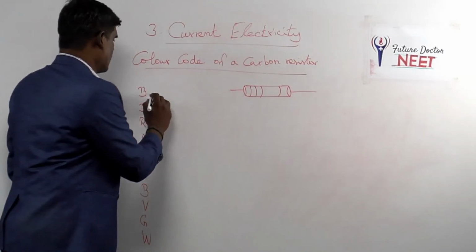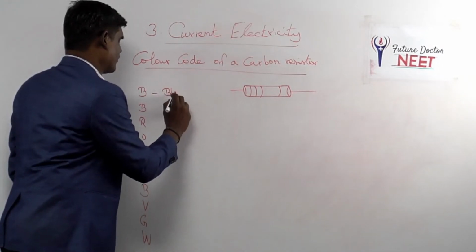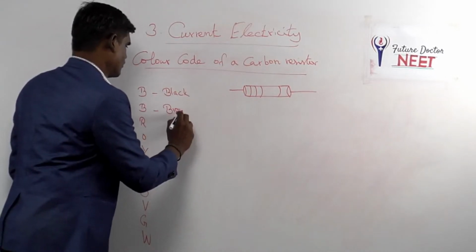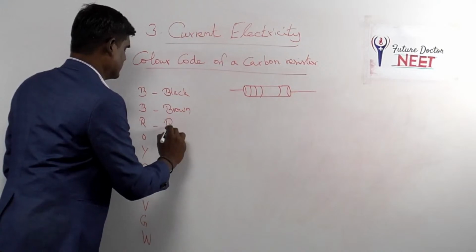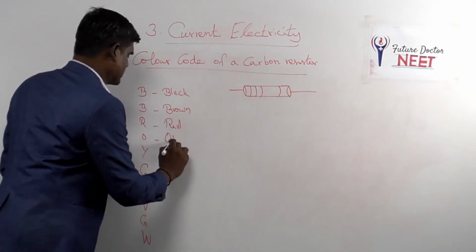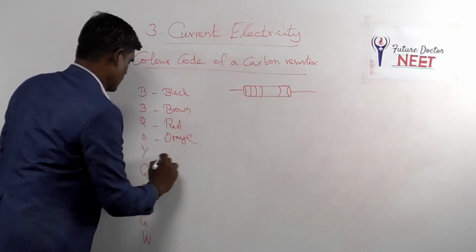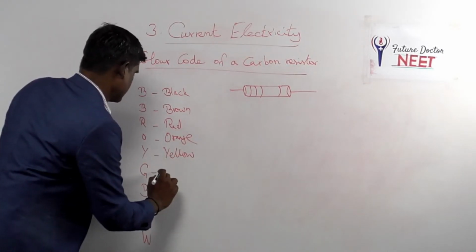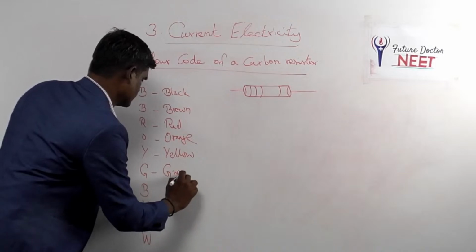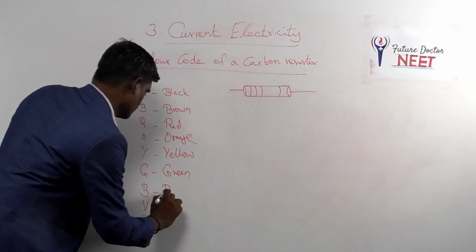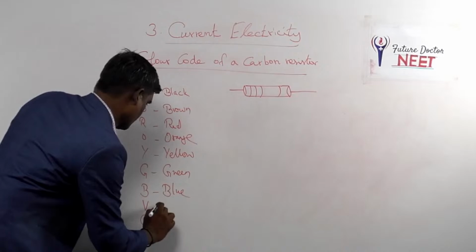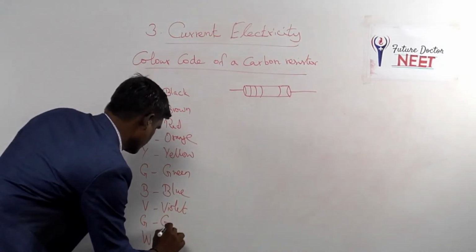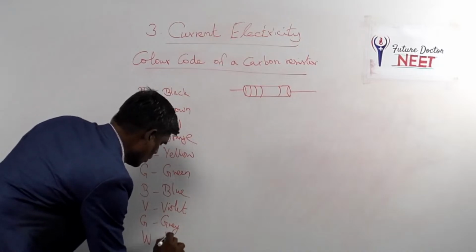First one is black, next brown, red, orange, yellow, and this is green, blue, violet, grey, last one white.